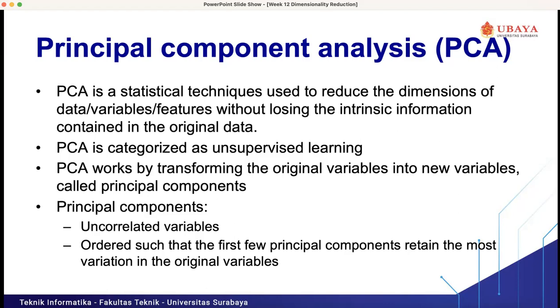So after we transform the features into new features, each feature will be uncorrelated. The principal components are ordered such that the first few principal components retain the most variation in the original variables. I will explain this later, because with an example it will be easier for us to understand.